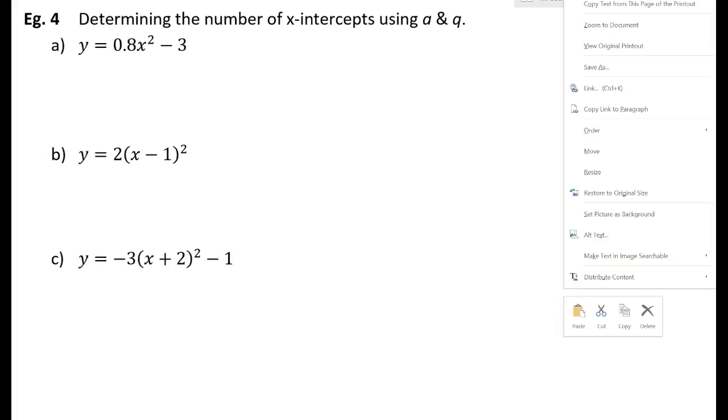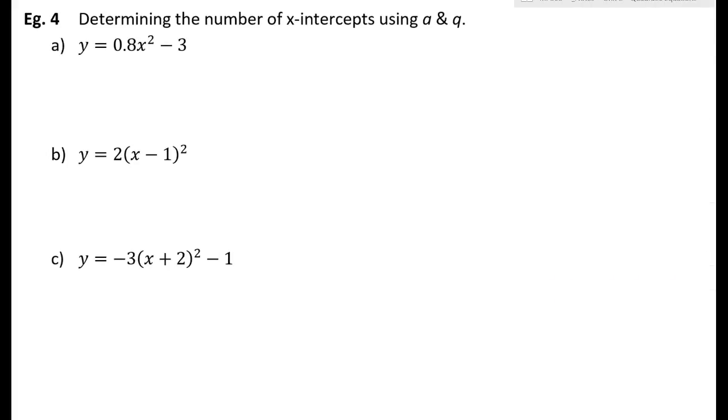Okay, so looking at these values now, we're going to just be determining the number of x-intercepts using A and Q. Now, I've already kind of alluded to this without actually mentioning those specific values, but now we're going to use them for the purpose of identifying our x-intercepts. So we've got A is 0.8, which means it's positive, it's opening upward.